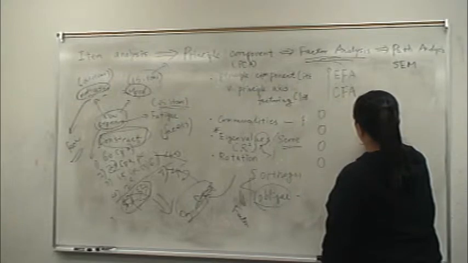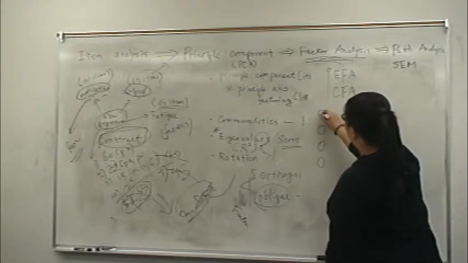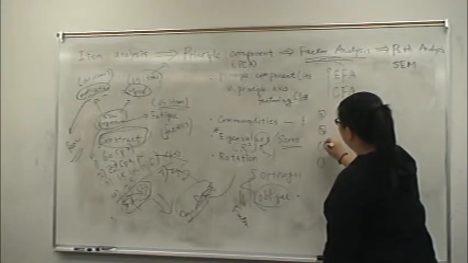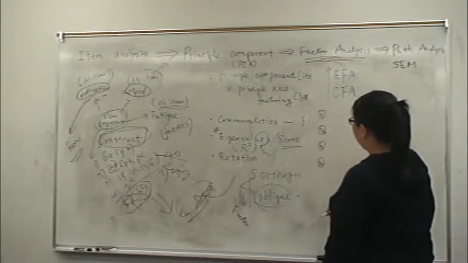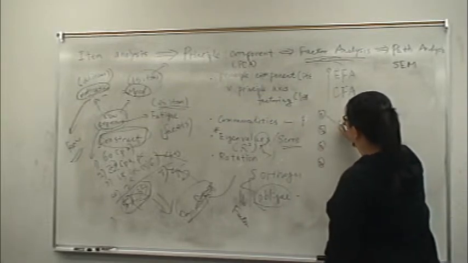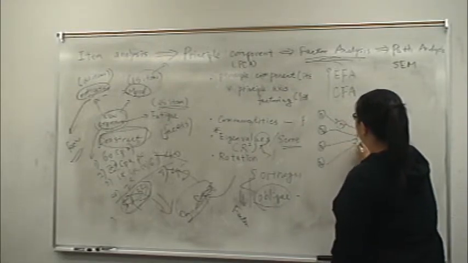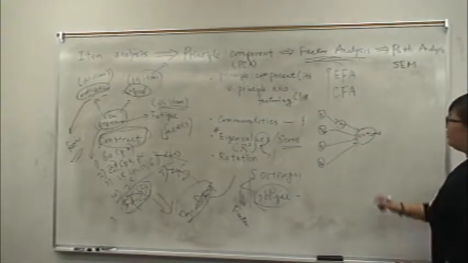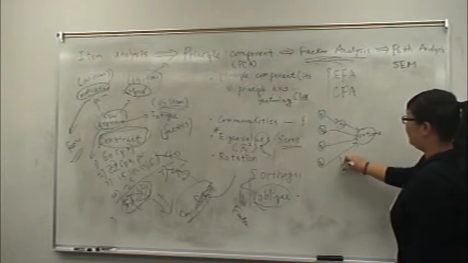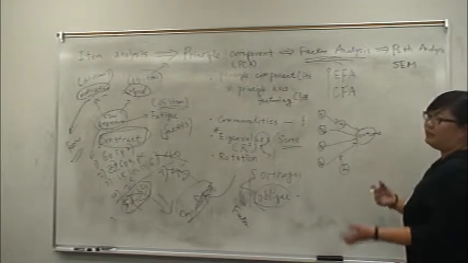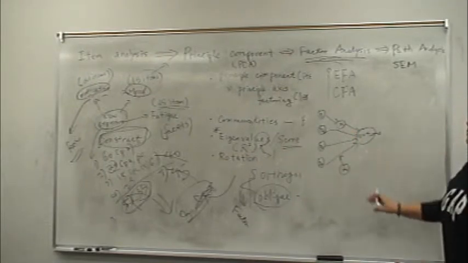So you have one outcome, and predictor 1, predictor 2, predictor 3, and predictor 4. And you may have a mediator here, or a moderator. So this is a simple multiple regression.